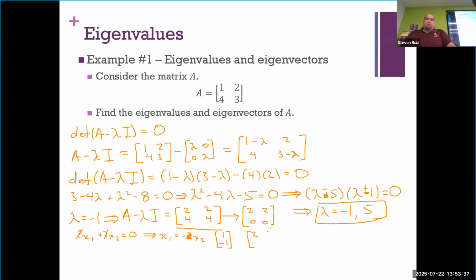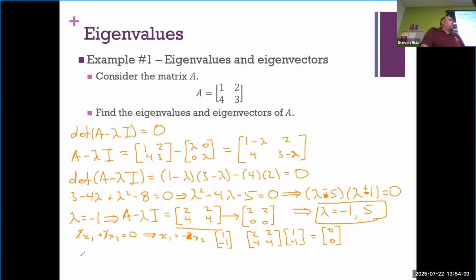This should be true: 2, 2, 4, 4 times 1, negative 1 should be 0, right? That's the last thing we can do to check that we did this correctly. I think this is true, right? We get 2 minus 2 and then 4 minus 4. So we found both eigenvalues and we found one of the eigenvectors that goes with lambda equals negative 1.